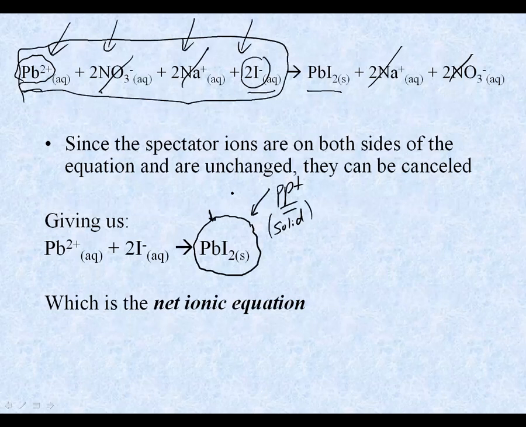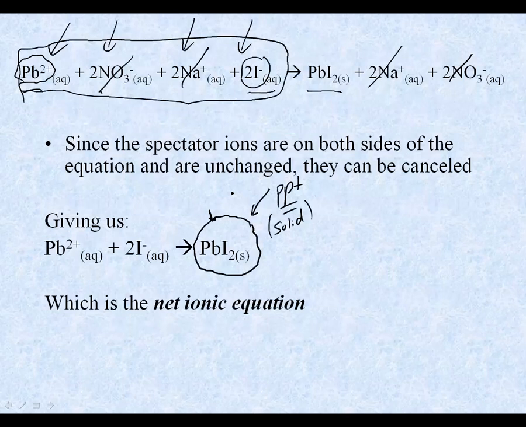So that's the third type of equation very commonly written for this type of reaction, the net ionic equation. It gets rid of everything not involved in the reaction and cuts it down to the bare minimum: this is truly the reaction that you're observing.